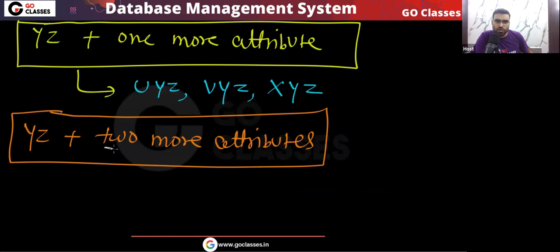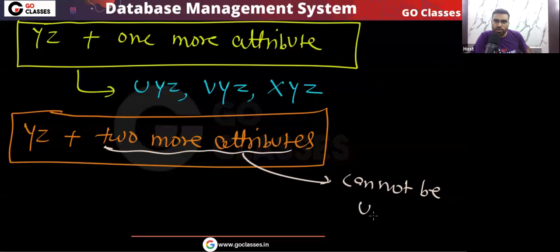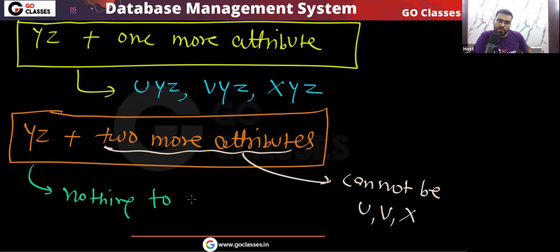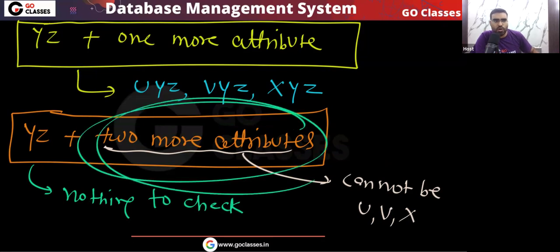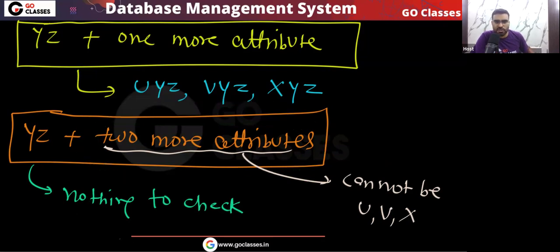So these two more attributes cannot be U, V, X. So what remains? Nothing remains. We do not have two more attributes, so there is nothing to check here.